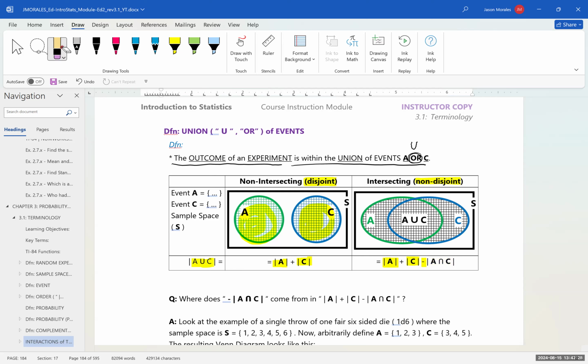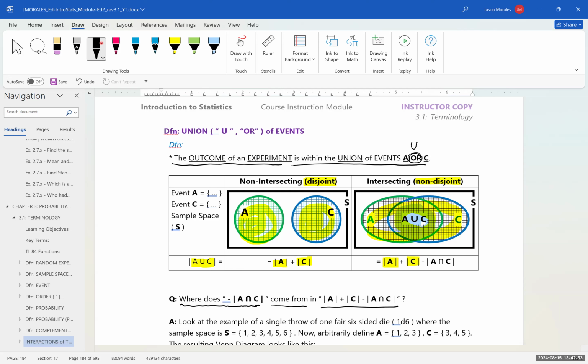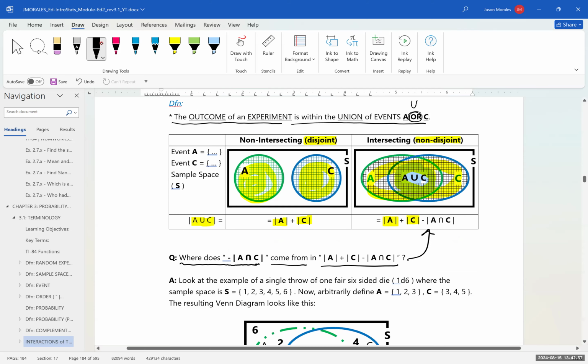So it's going to be the order of A plus the order of C minus the order of the intersection in between. So where does this minus the intersection of the two events come from when it comes to counting the union of two events?